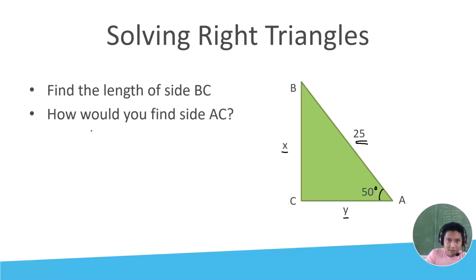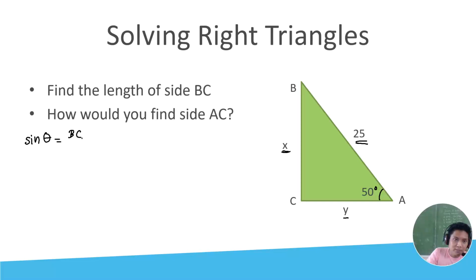So let's find first side BC. For side BC, given an included angle, what will be the most convenient trigonometric function that we will use in order to solve the value for side BC, or the side X? The trigonometric function that we can use is sine. Sine theta is equal to what? Opposite over the hypotenuse.